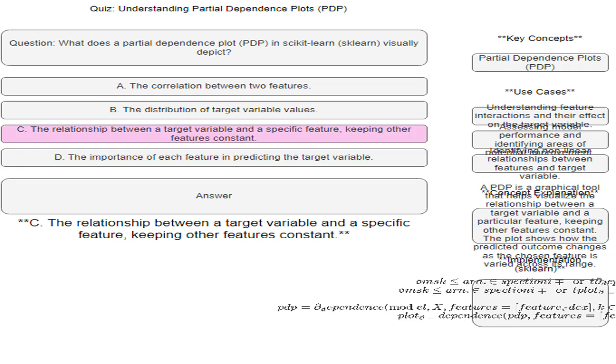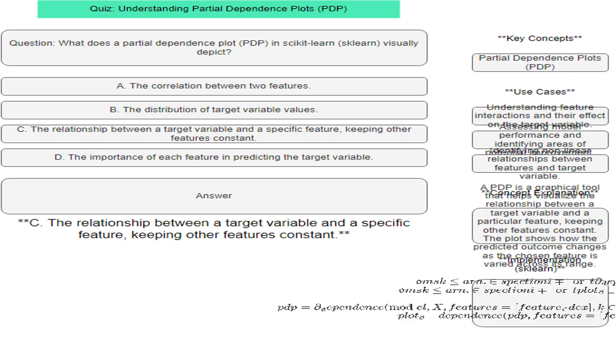C. The relationship between a target variable and a specific feature, keeping other features constant. PDP explanation. A PDP is a graphical tool that helps visualize the relationship between a target variable and a particular feature, keeping other features constant. The plot shows how the predicted outcome changes as the chosen feature is varied across its range.